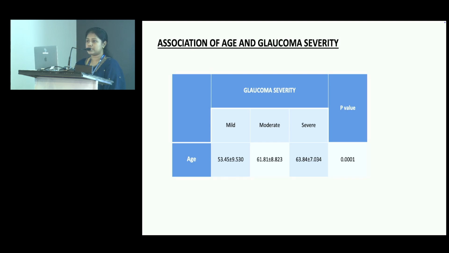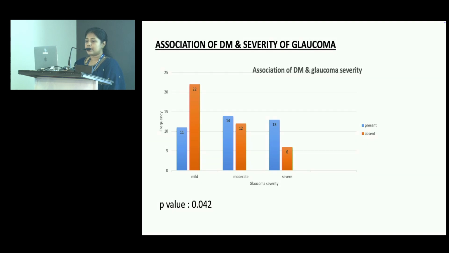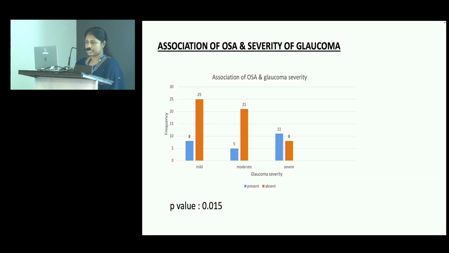The association of age with glaucoma severity showed a p-value of 0.0001, which is highly significant. For diabetes and severity of glaucoma, we got mild cases as 11 patients, moderate glaucoma 14 patients, and severe 30, with a p-value of 0.042.